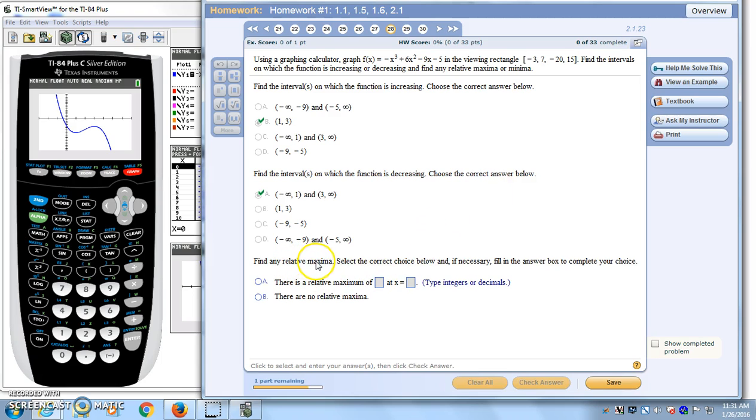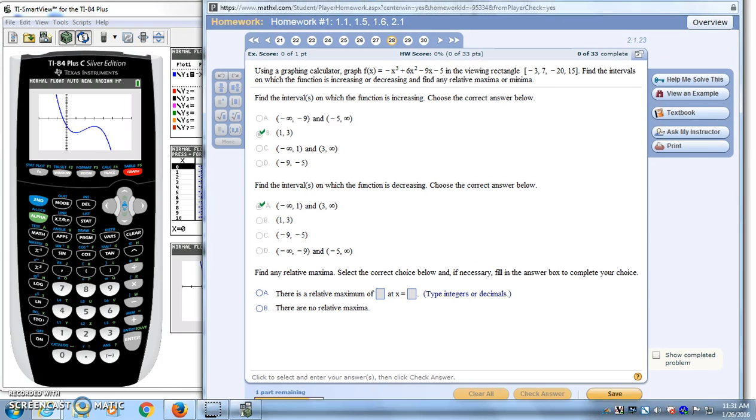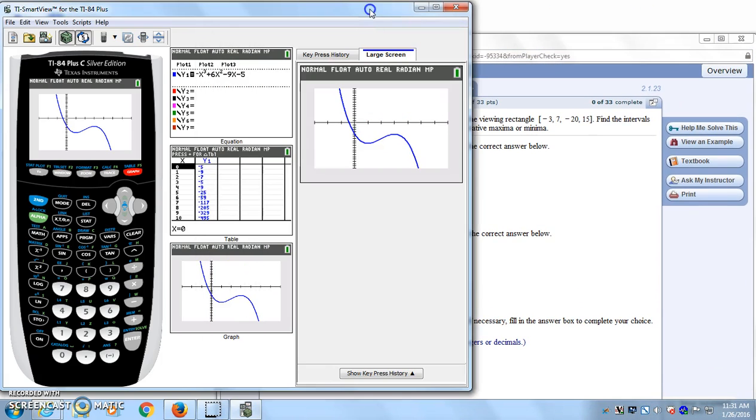And relative maxima. So maximums and minimums refer to how high and how low the graph goes. So how high is dictated by the y-axis. And they want you to split it up into 2 pieces. So how high it goes, sometimes it's hard to see.